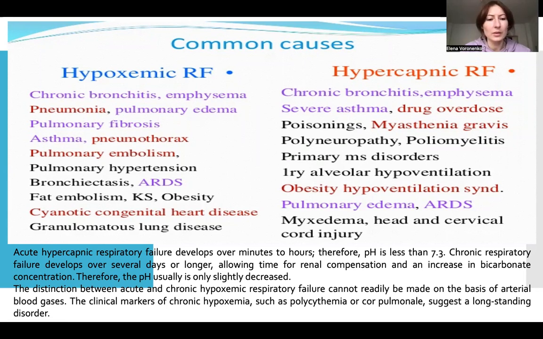Chronic respiratory failure develops over several days or longer, allowing time for renal compensation and an increase in bicarbonate concentration. Therefore, the pH usually is only slightly decreased. The distinction between acute and chronic hypoxemic respiratory failure cannot readily be made on the basis of arterial blood gases. The clinical markers of chronic hypoxemia, such as polycythemia or Cor Pulmonale, suggest a long-standing disorder.